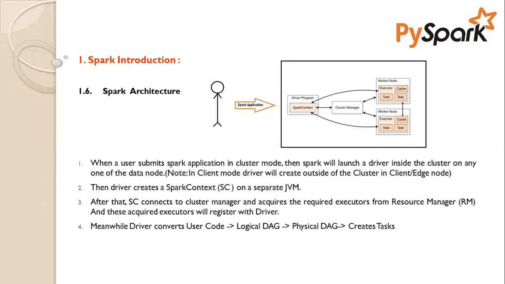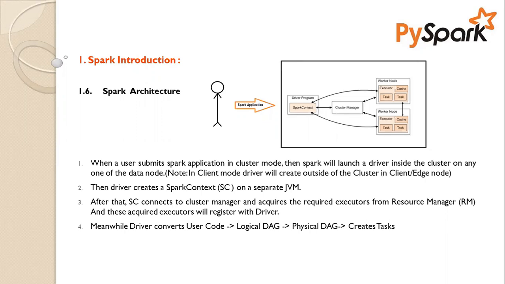If you remember the previous slides, I told you finally it will create tasks. Don't worry about what a logical DAG or physical DAG is; we'll see it when we execute a real-time program. Meanwhile, please note this point in your mind. If you think this is a little hard to understand, then remember it in one single step or sentence.